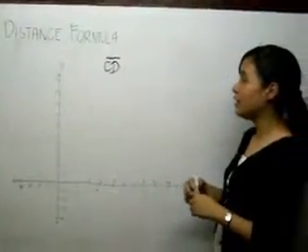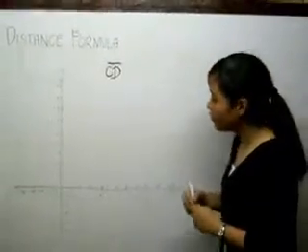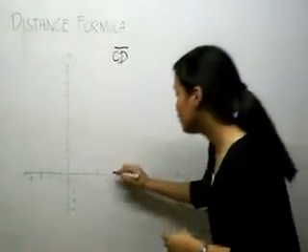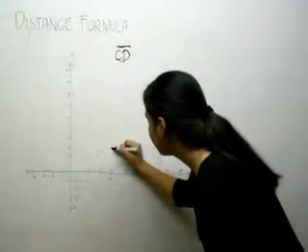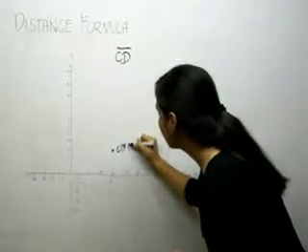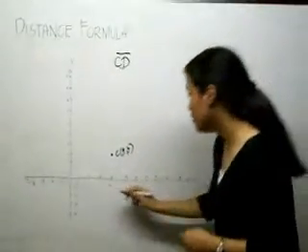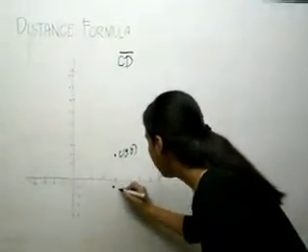Now, let us examine the line segment CD. For the coordinates of C, which is 4 and 3, and D, which is 4 and negative 1.